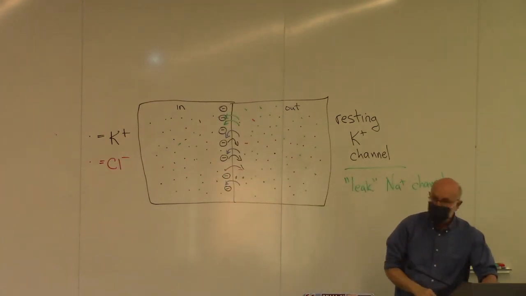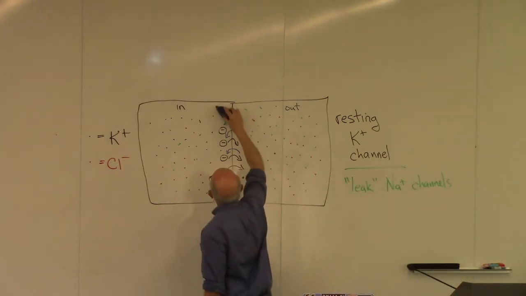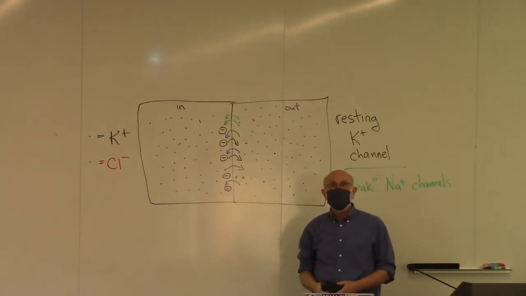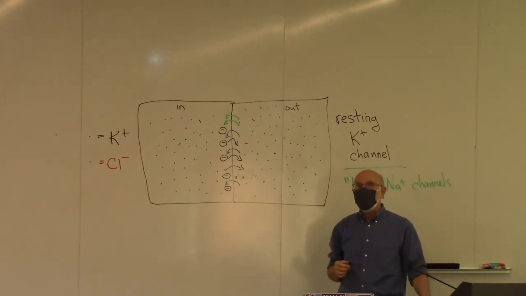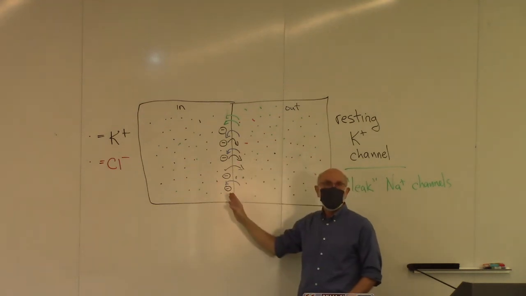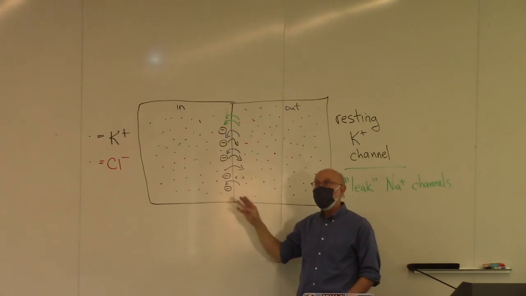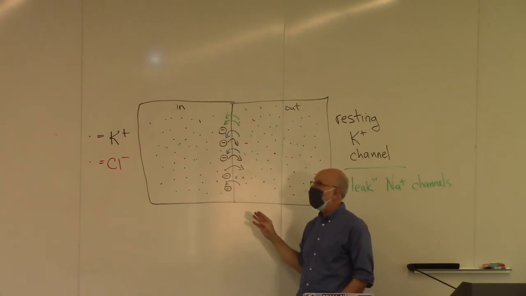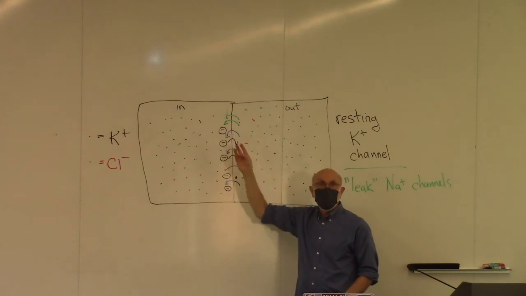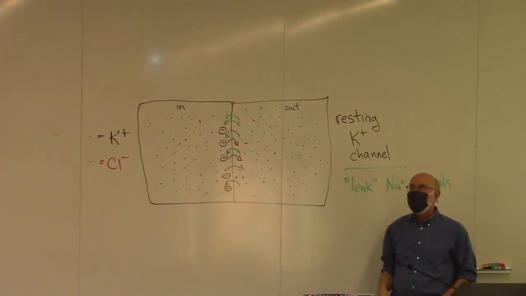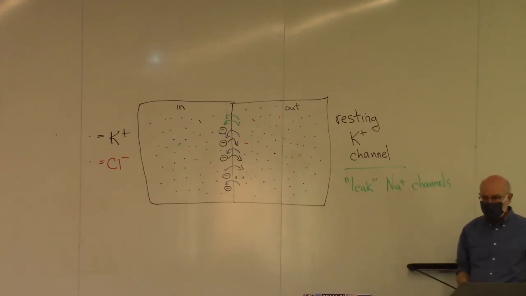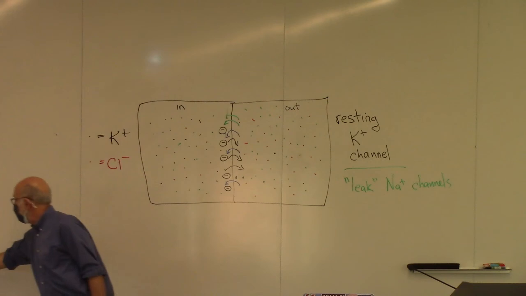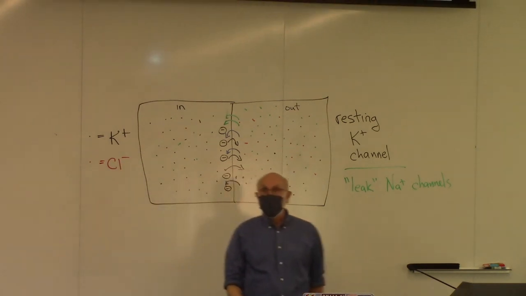Sodium is a cation. So it's going to neutralize some of that negative charge and displace this membrane away from equilibrium. It's going to be less negative on the inside than it would be if it was only permeable to potassium. So sodium leak makes the membrane potential depolarized. Now I'm starting to use some of the jargon. Depolarized relative to the equilibrium potential.